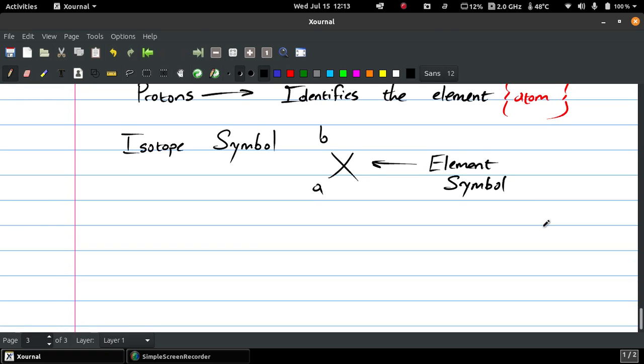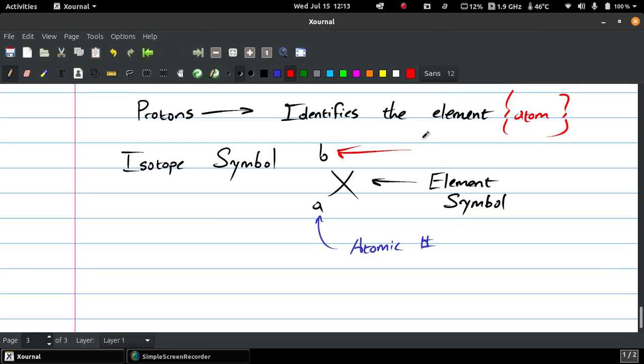So that's the element symbol. On the bottom now is the atomic number. Let's just make it blue. And on the top is the atomic mass.